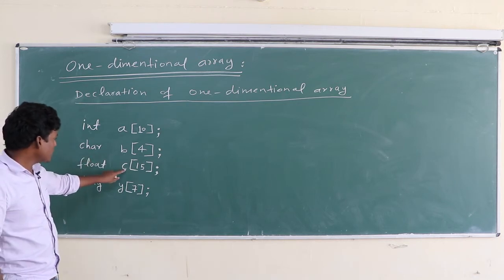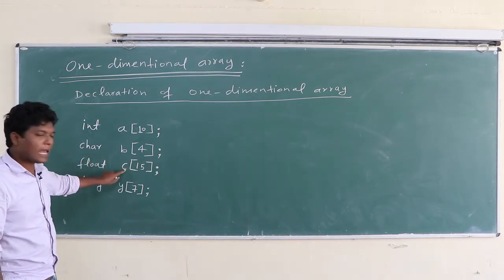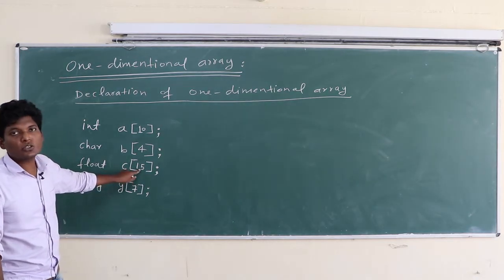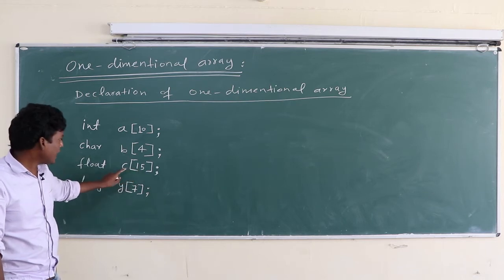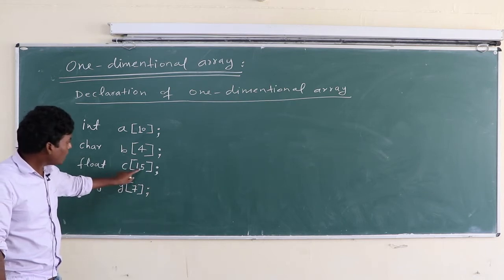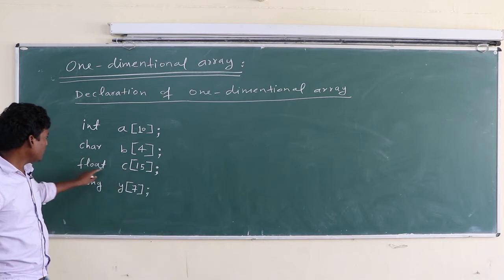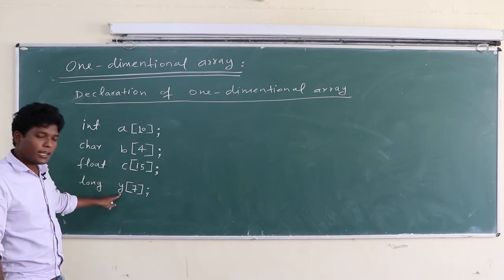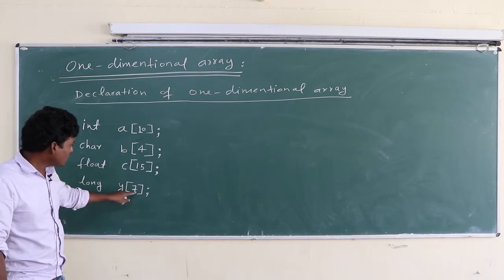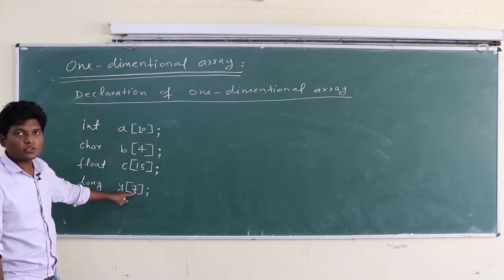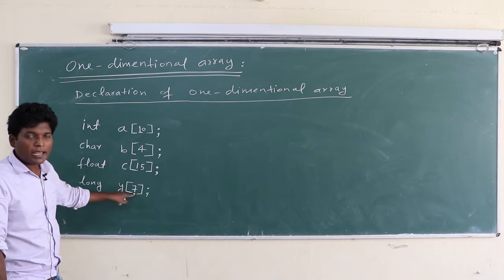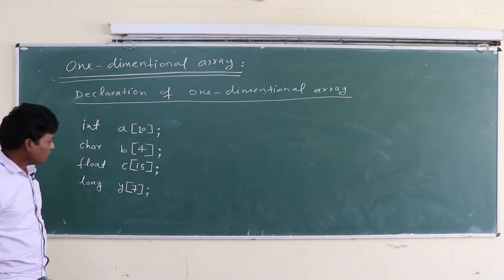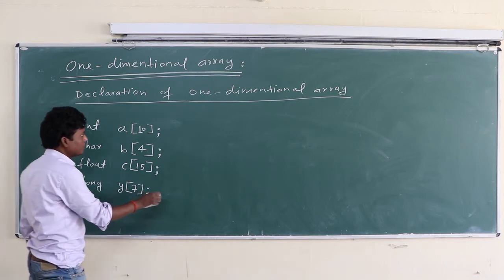Here C is an array with dimension 15, so you can store 15 elements, and all 15 elements must be float type. Here Y is the array and its dimension is 7, so you can store up to 7 elements and all elements must be long type. So this is the array declaration.